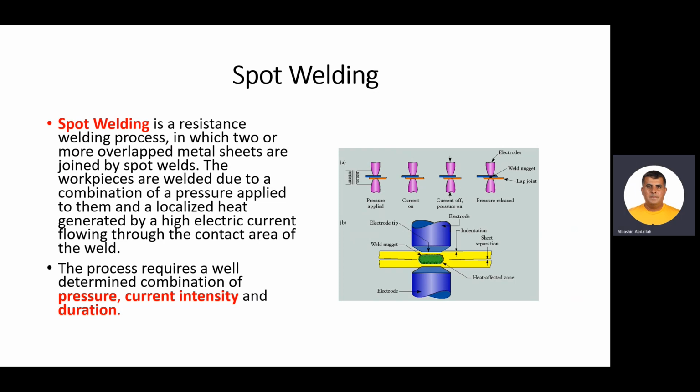Resistance with current will cause heat rise and melting, which makes a welding pool, or we call it a nugget. And when that molten metal solidifies, it causes the joining. When we want to join a certain length, we make more than one point or spot to make it stronger.